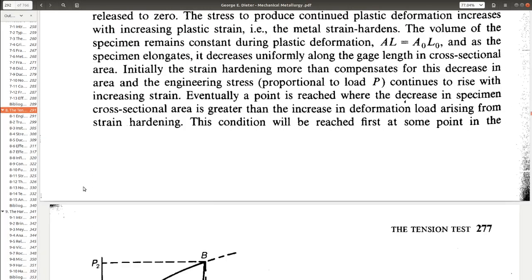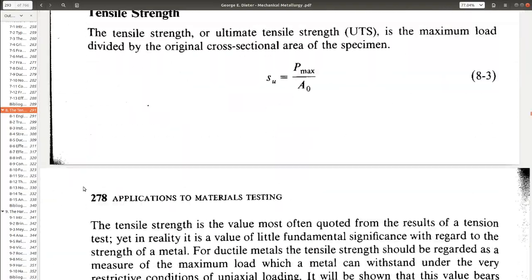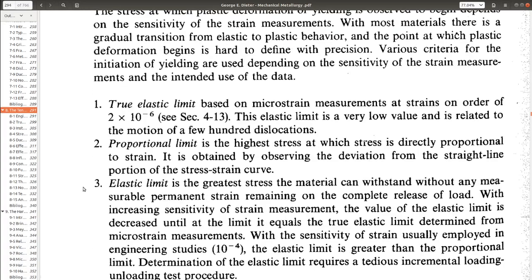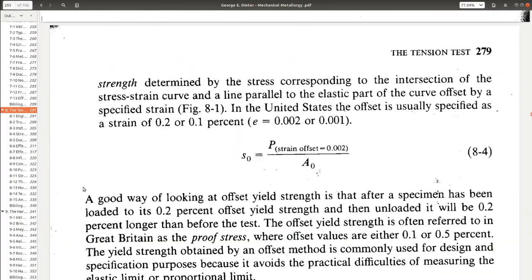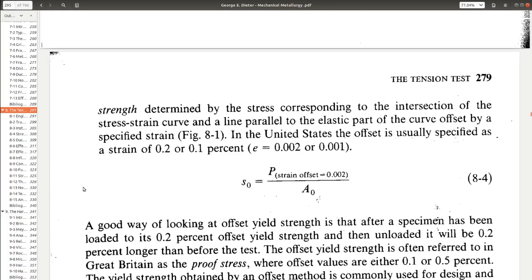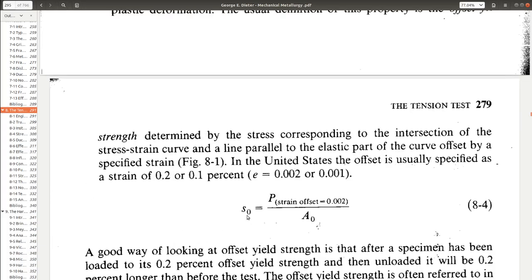Okay, what else could we measure? We have measured tensile strength and yielding. Tensile strength is denoted as S naught, which is equal to P at that offset load divided by A naught.